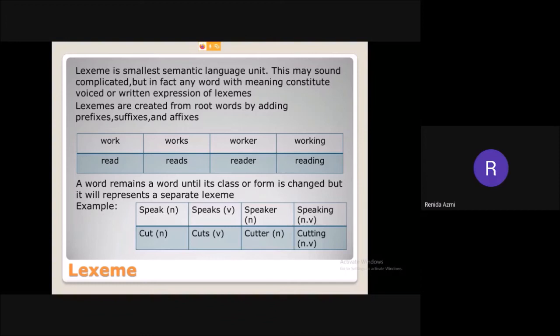A word remains a word until its class or form is changed, but it will then represent a separate lexeme. For example, speak as a verb, speaks as a verb, speaker as a noun, speaking as a noun or verb. And the second example, cut as a noun or verb, cuts as a verb, cutter as a noun, cutting as a noun or verb. Next.